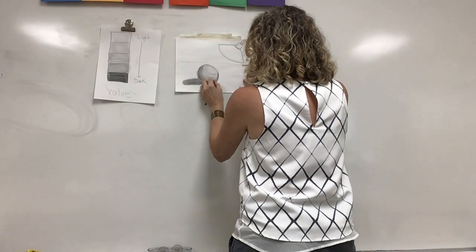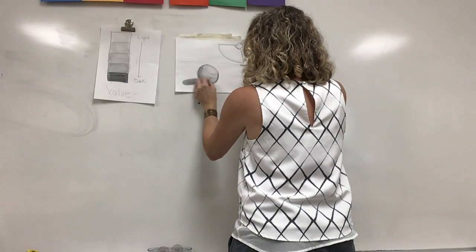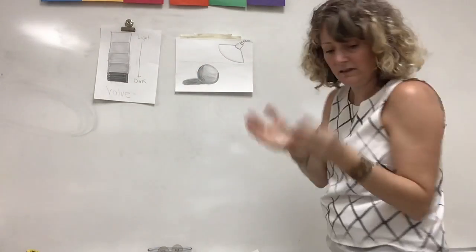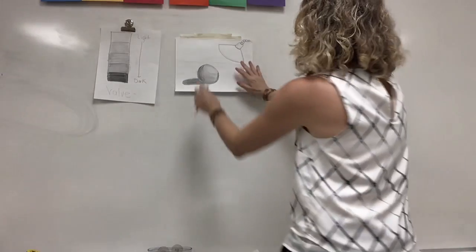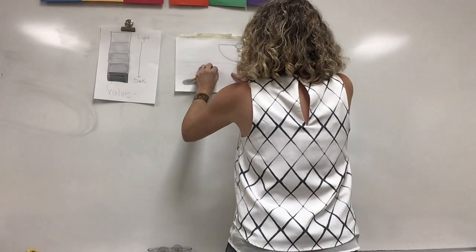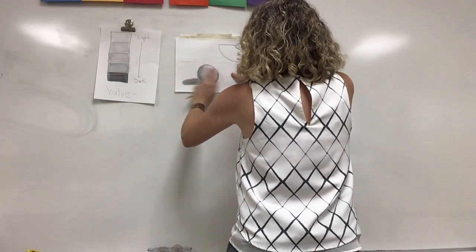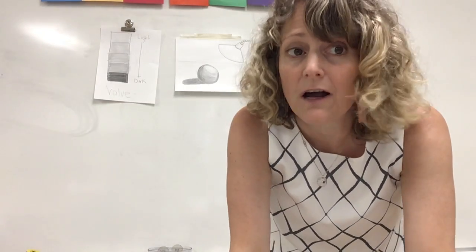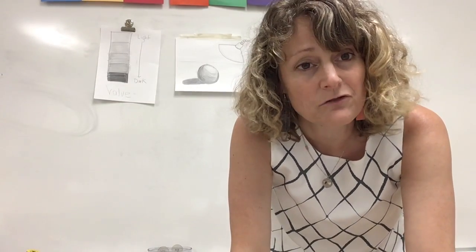If I get too dark in an area that I want light, then I can use an eraser. You just keep blending it and adding more, and I can always use my eraser if I want to make a lighter spot. If you look at your slides, there's a lot of good information there, and that should really help you.